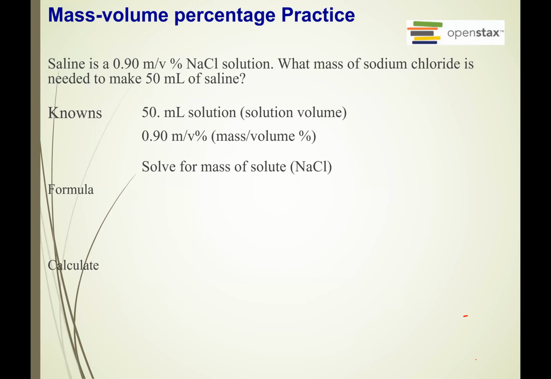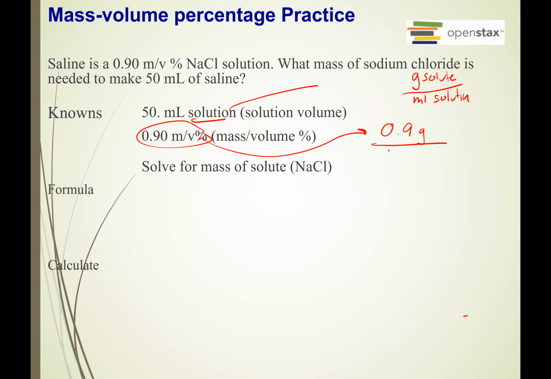So if we do this using unit conversions, this is our solution, right? The solution is 50 milliliters. I'm going to write the formula: grams solute over milliliters of solution. So 0.9% is 0.9 grams over 100 milliliters.